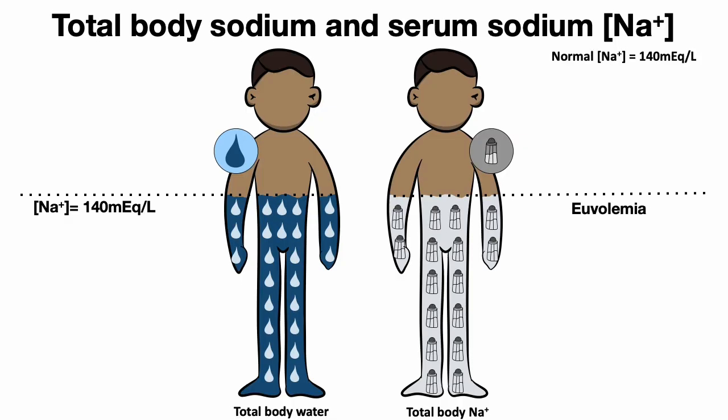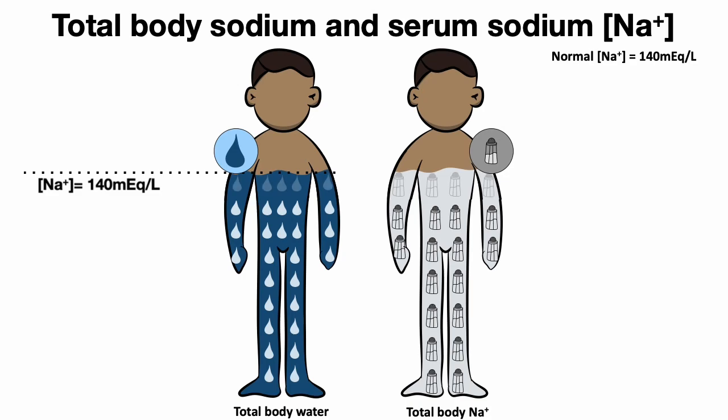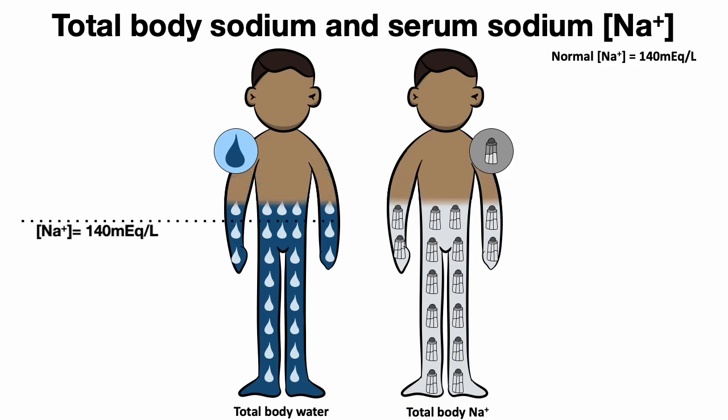In a system with preserved water homeostasis mechanisms, meaning normal thirst response, adequate access to water, and normal release and response to ADH, the total body water should rise or fall proportionally with the total body sodium. This, in turn, maintains a normal serum sodium despite changes in total body sodium.